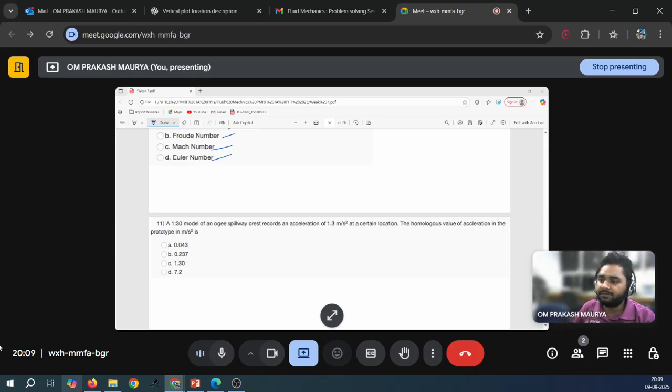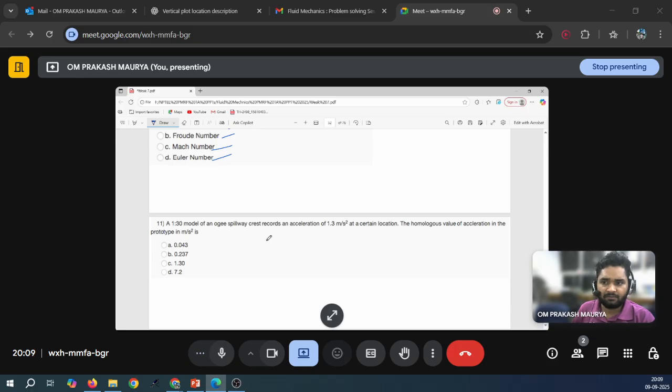So okay, now we will discuss question number 11. A 1 is to 30 model of an Ogee spillway crest records an acceleration of 1.3 meter per second square at a certain location.